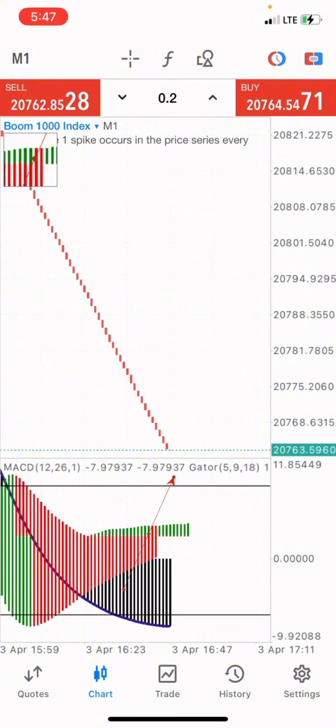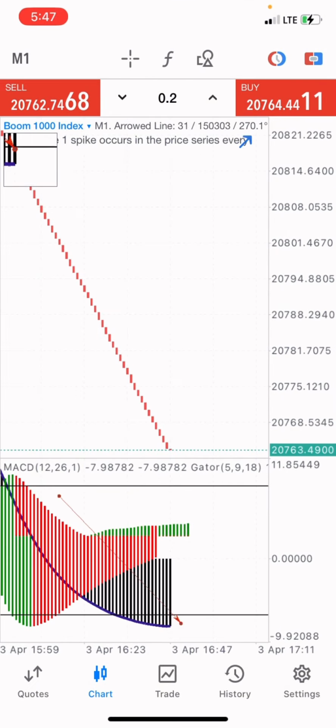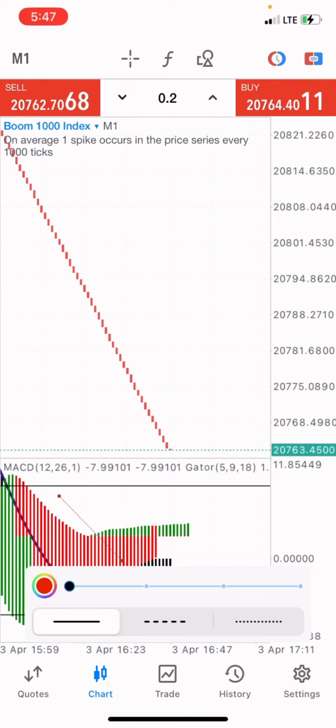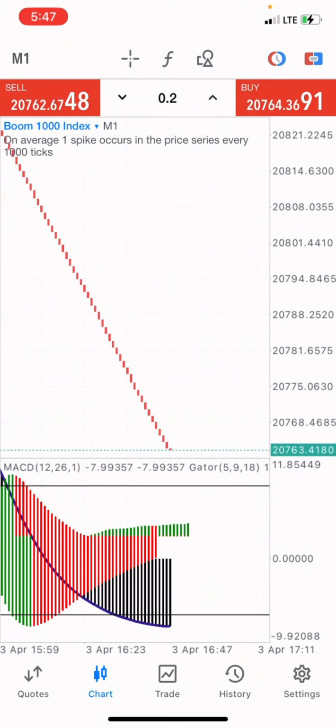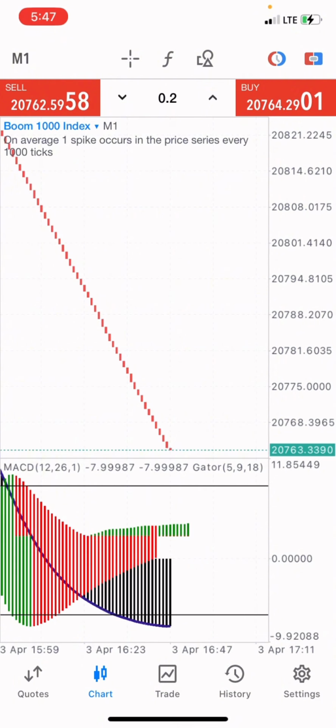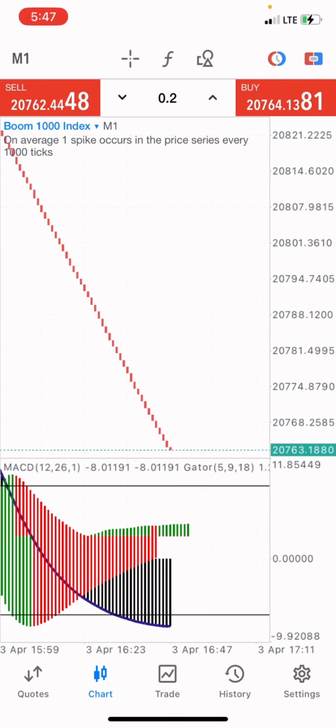You can see it was not here, rather it was at the support region. Okay, so this says the market might spike. It says there are tendencies of the bulls taking over, right? So it's not ideal to take a sell at that time.